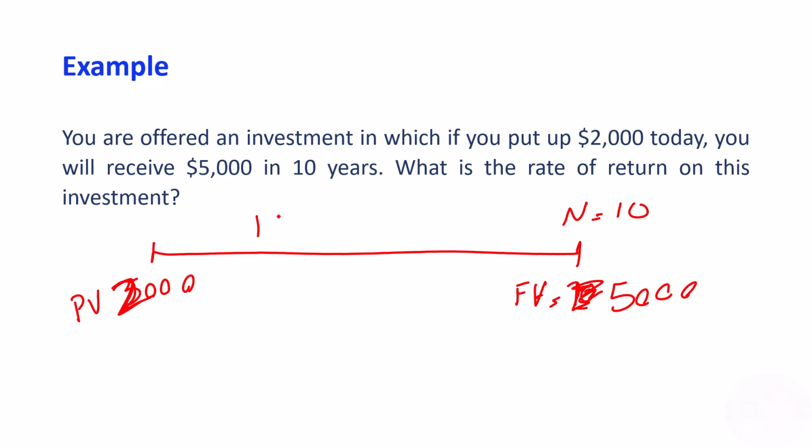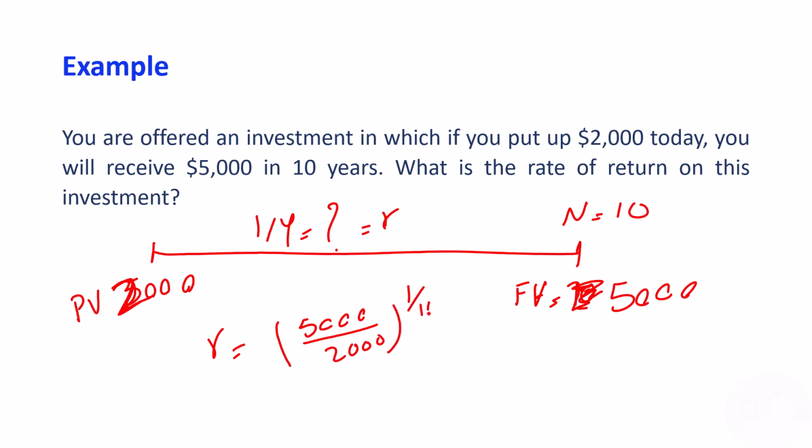You want to know what is your rate of return, what is your R, what is your interest rate. So as the formula showed, your rate would be your future value over present value raised to the power of 1 over 10, minus 1. So let's use the calculator to find the answer.